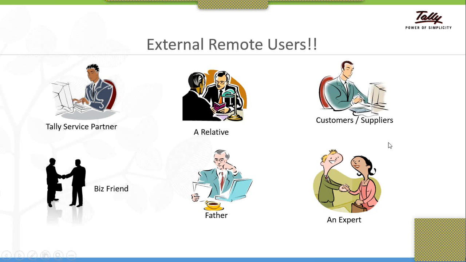You can give remote access rights to a customer or a supplier only to view his report, to a Tally service partner to solve any technical difficulty you are facing in a transaction, to your business friend, father, or an expert to analyze the report, or to a relative. So external remote users can be differentiated in this manner based on the remote access capability.